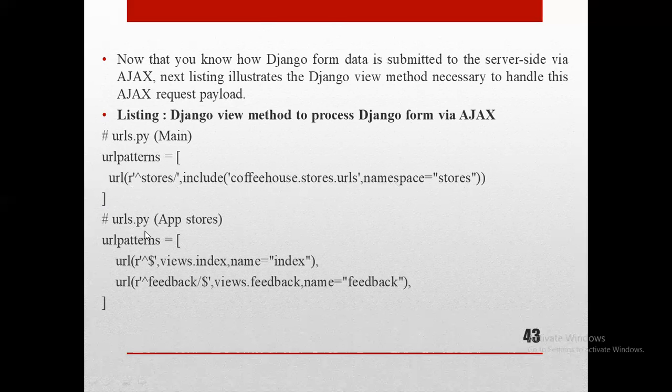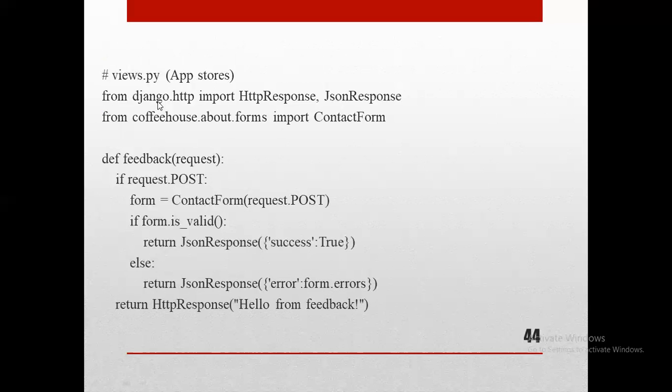For the urls.py from the stores app, the URL pattern is views.index with name equal to index, and for the feedback, views.feedback with name feedback. Now in views.py from the stores app, from django.http we import HttpResponse and JsonResponse. And from coffeehouse.about.forms, we import the ContactForm we created previously.